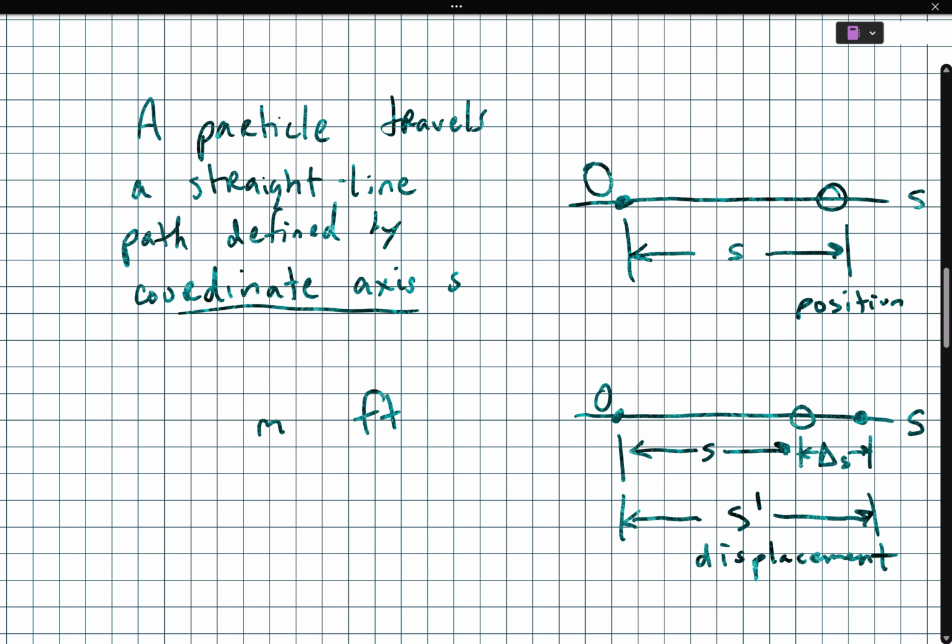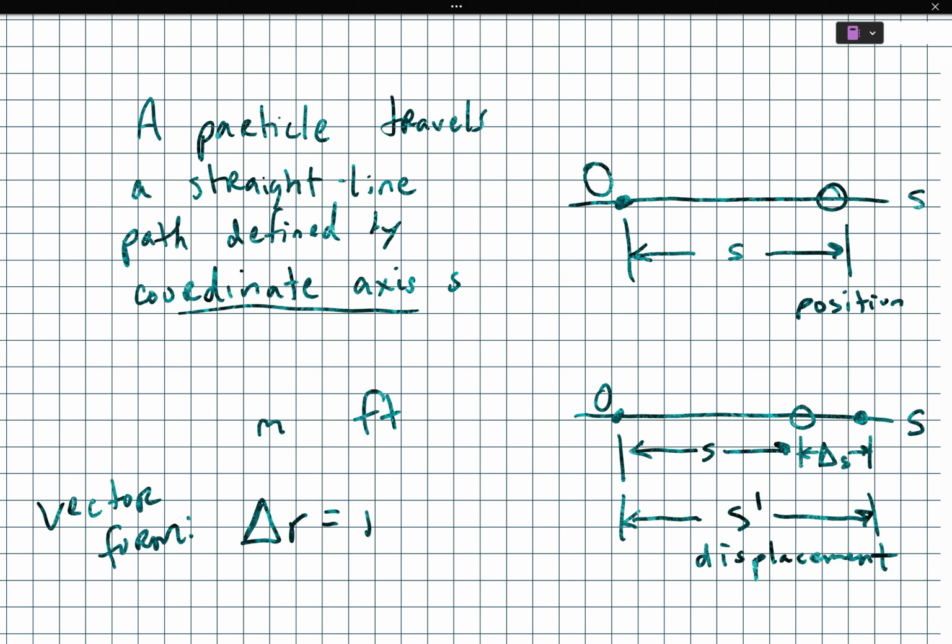Then we have the displacement, shown in the bottom right diagram. The displacement of the particle is defined as its change in position. In vector form, delta r is equal to r prime minus r.